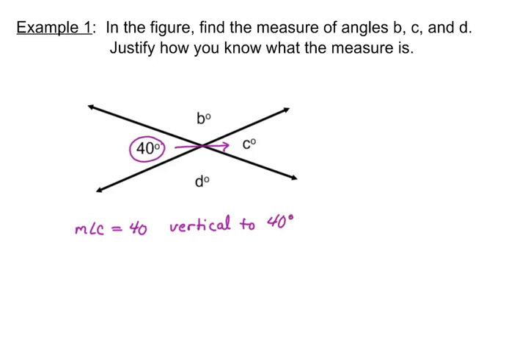Okay, and now I notice I've got a straight line here, so that means that angle C and D form 180 degrees. So the measure of angle D, because angle C is 40, we just found that, is equal to 180 minus 40 degrees, which is 140 degrees, because they are supplementary angles.